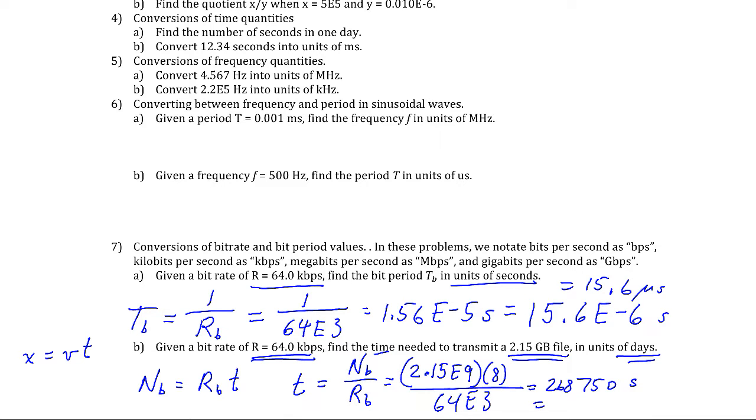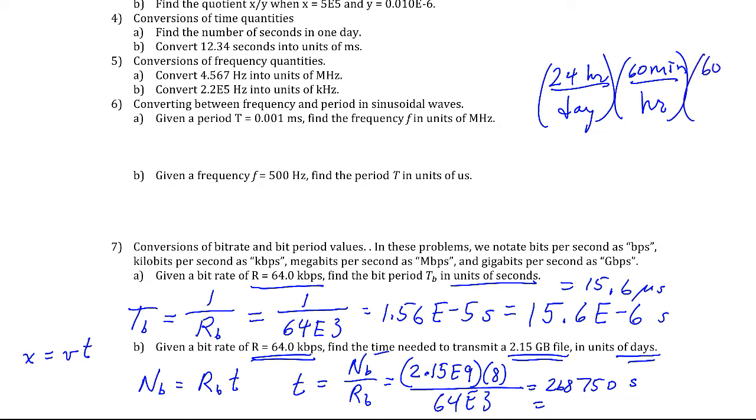And if we multiply 24 hours per day, times 60 minutes per hour times 60 seconds per minute, we see that we get a lot of units canceling here.